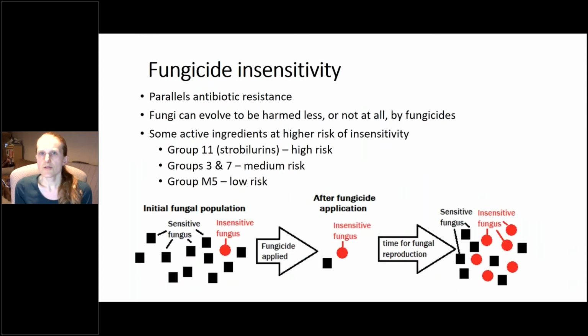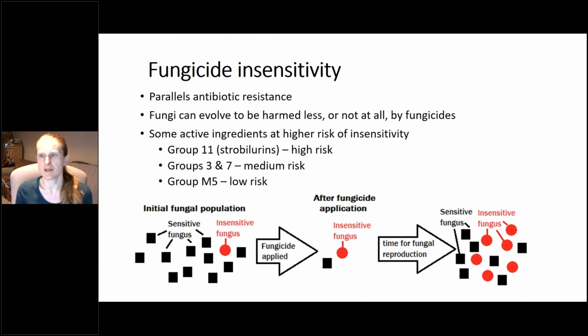And so then how fungicide insensitivity develops is illustrated in this little diagram. So initially, there's likely to be some fungi. Within, say, a diseased plant, there'll be lots of different, quote, individuals of the fungus. And a few of them, a small proportion, will be just naturally insensitive.